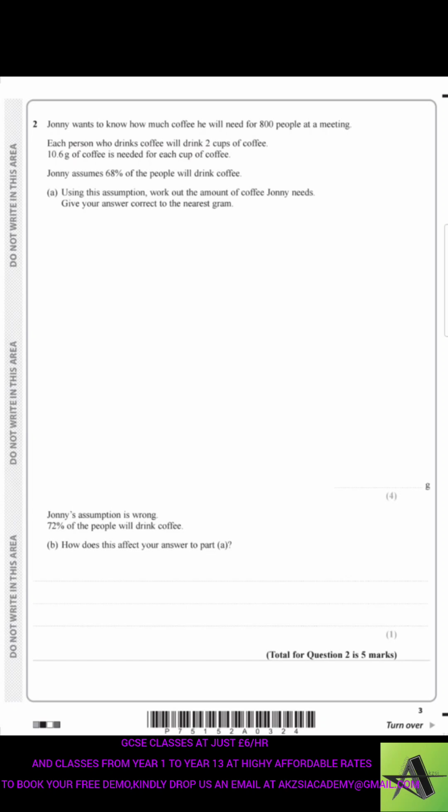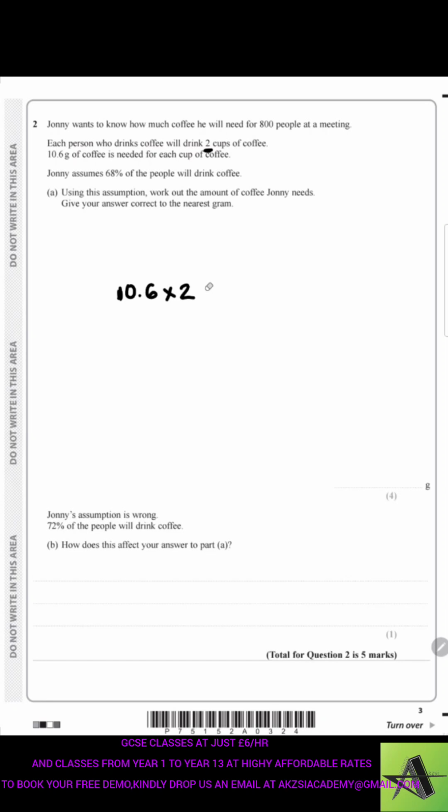So, using this assumption, work out the amount of coffee Johnny needs. Basically, each person who drinks coffee will drink 2 cups. There are 800 people and 10.6 grams of coffee is needed for each cup. So 10.6 multiplied by 2 will be for each person, and multiplied by 800 will give you the answer, but it's given that not all 800, 68% of people will drink coffee.